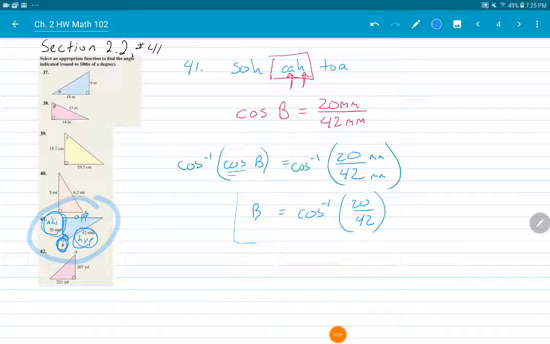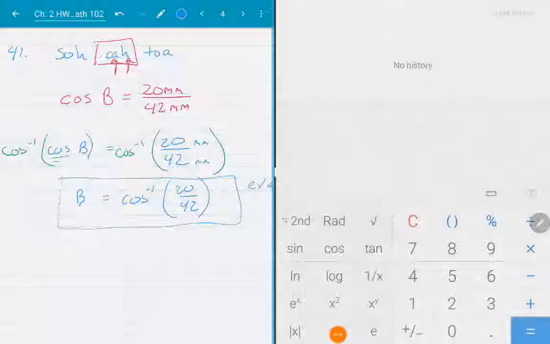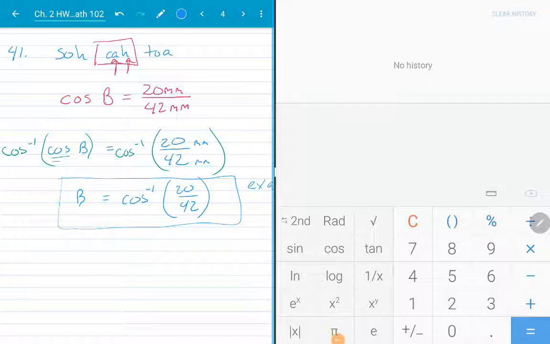Okay, that's my exact value that I would put on a test. But since we're doing homework and it says to round to the nearest tenth of a degree, we can put this in the calculator and estimate. On this calculator I do the cosine inverse first.